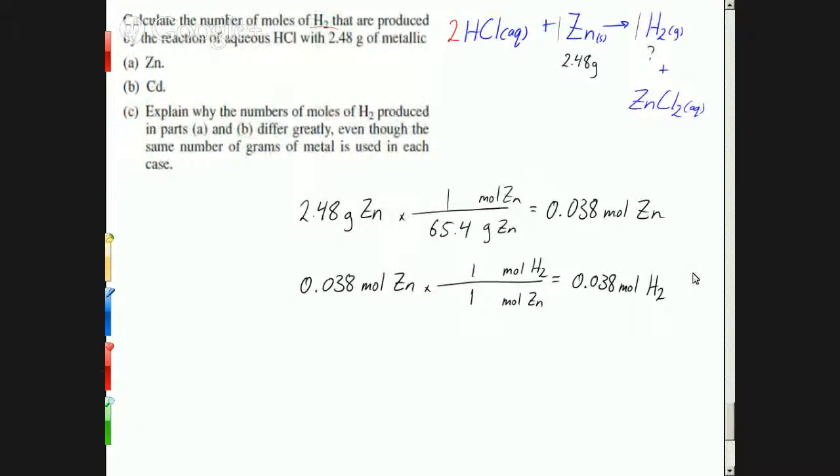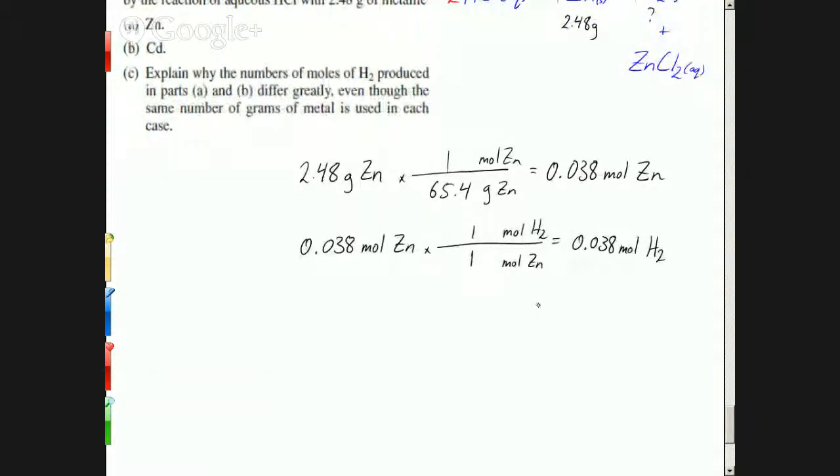Now, what if we wanted to know how many grams of H2 that is? How would we figure that out? Multiply the moles by the atomic mass. Right. So we need to take this moles of hydrogen and convert it to grams by the molar mass. Molar mass of hydrogen is 2 because each hydrogen is 1 and there's 2 of them.